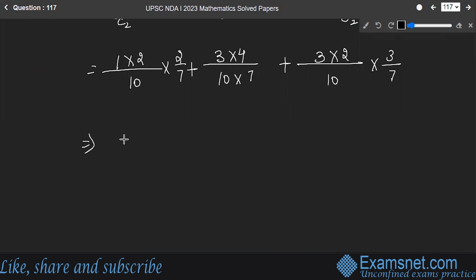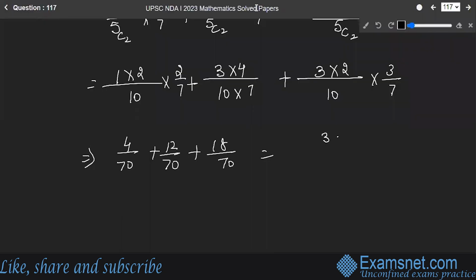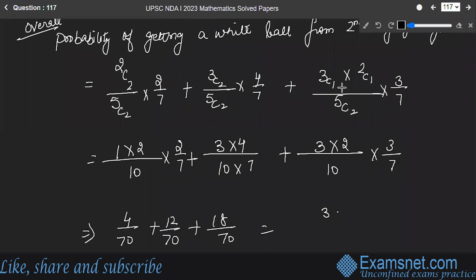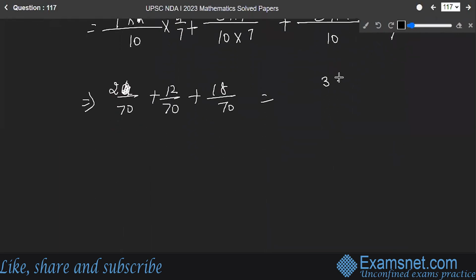So this will be 2 by 70, 12 by 70, and 18 by 70.